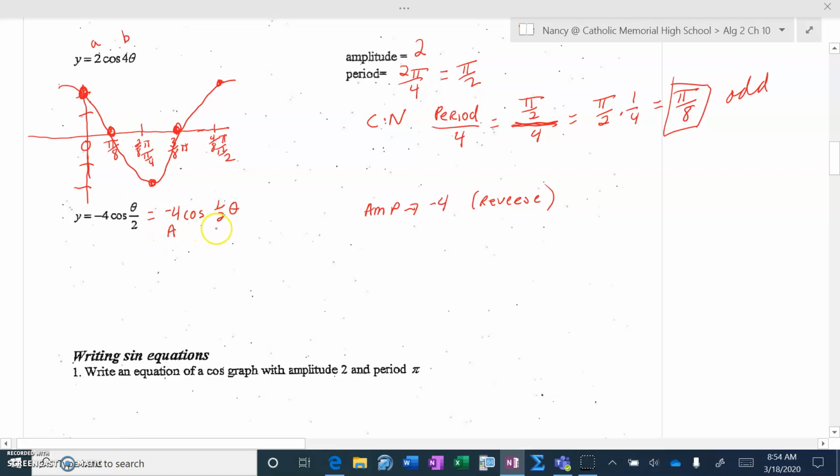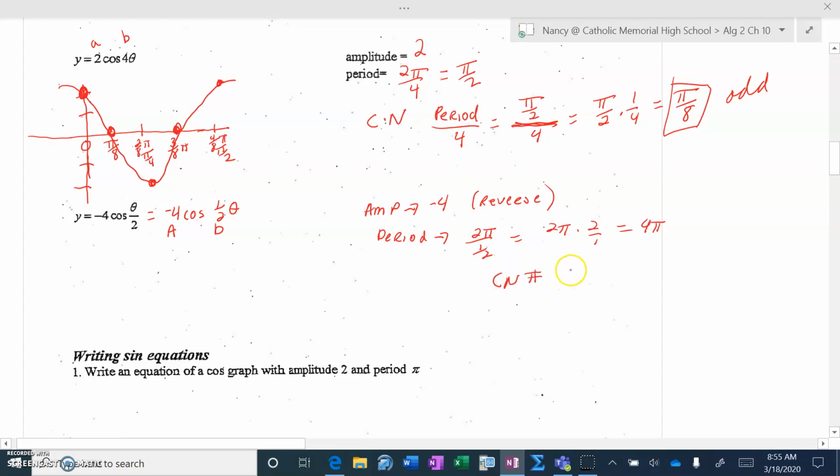So while my A number is -4, my B number is 1/2. So my period is 2 pi divided by B, which would be 2 pi times 2 over 1, which is 4 pi.